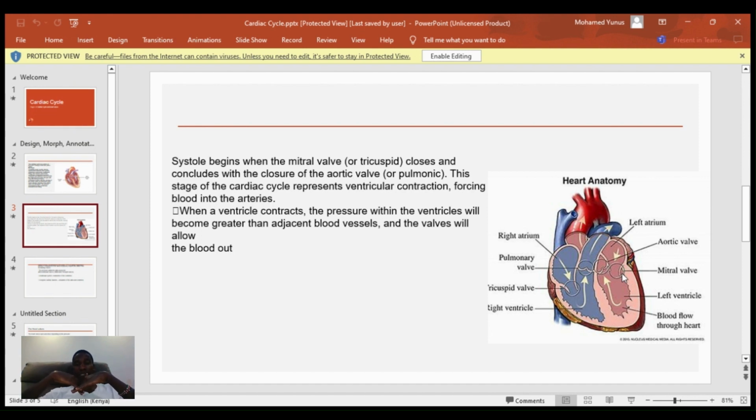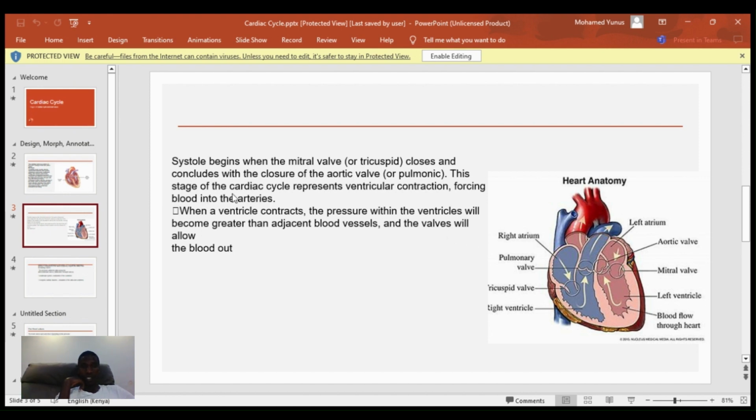Let's assume where my thumb is pointing is the atrium. When there's increased pressure in the atrium, it will force the valve to open towards the ventricle, allowing the blood to get into the ventricle. That's how the tricuspid valve and the mitral valve behave when there's contraction in the left atrium and the right atrium.